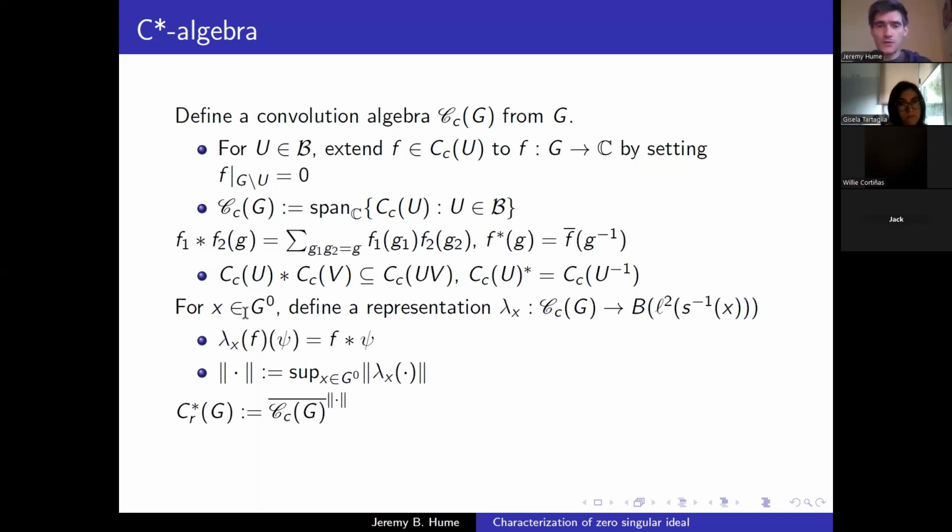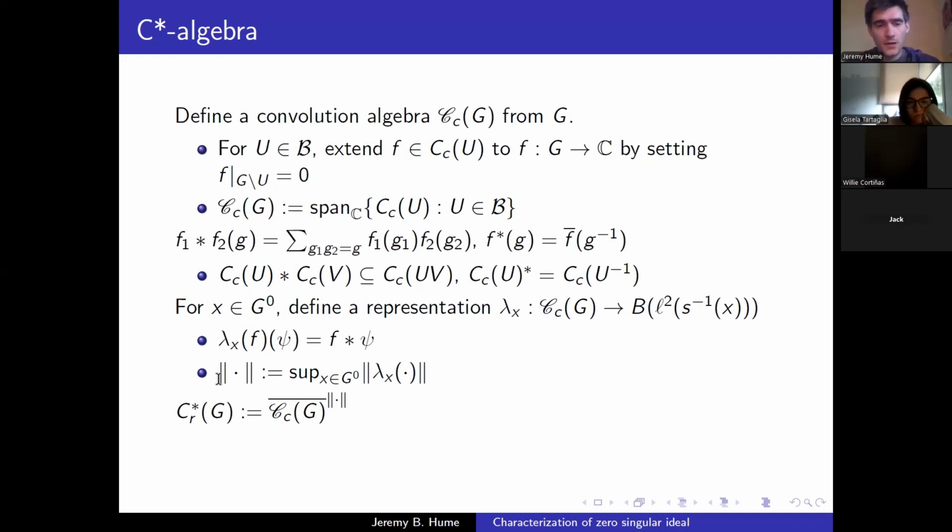So we have our convolution algebra, and we want to complete it into a C-star algebra. For each unit, we can define a left regular representation, which is a star homomorphism from curly C into bounded operators on L2 of the source preimage of X. The way this is defined is you view a vector, and then you define it using the convolution formula above.